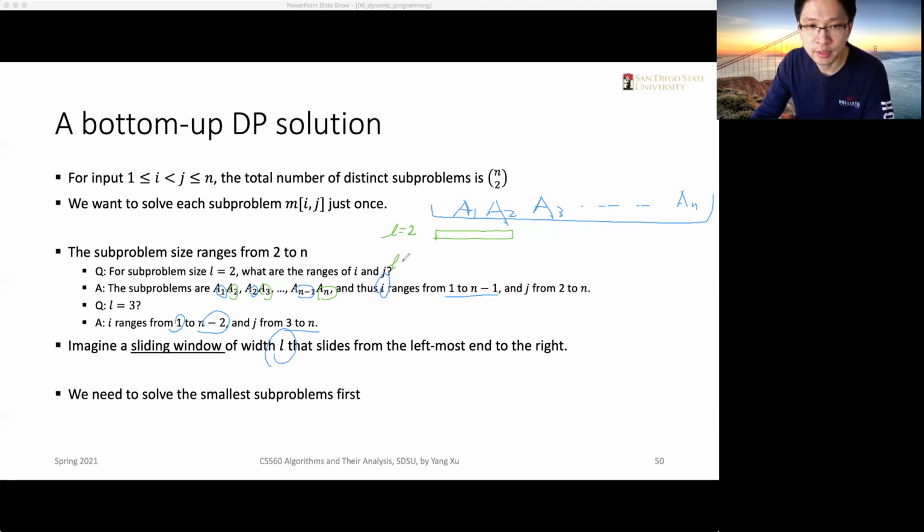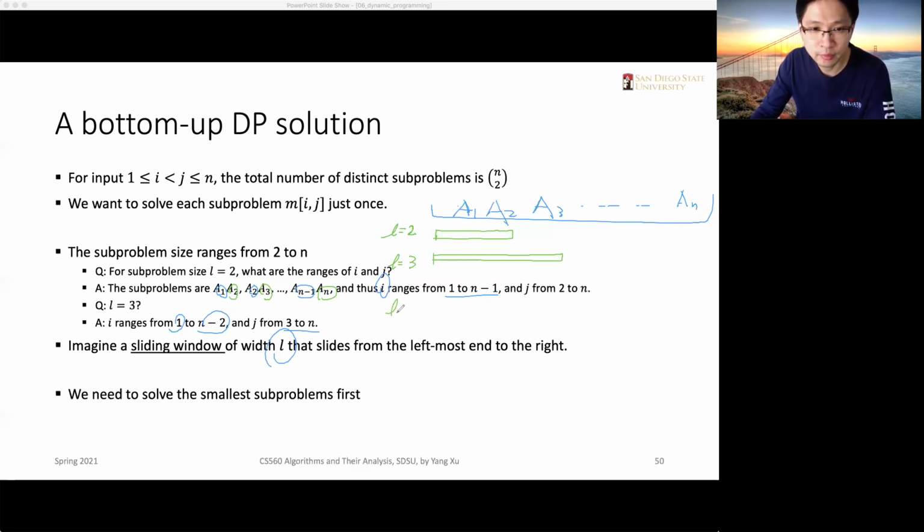If we increase the sliding window size to 3, it will be a longer window that slides from A1, A2, A3 to A2, A3, A4, and then A3, A4, A5, until the last case, which is A(n-2), A(n-1) times AN.